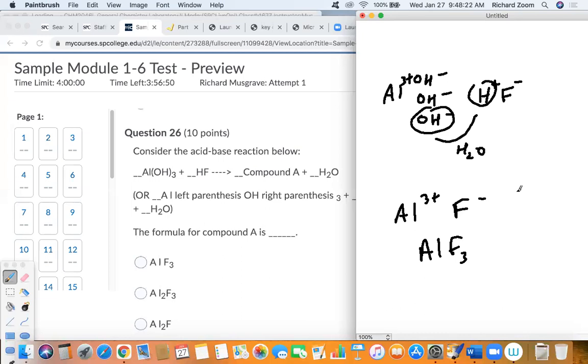Would I put in the element with the charge itself, or the element and how many of those it is to complete? Like, let's say it's Al 3 plus F minus, I would put Al 3 plus, and then the other one would be F3 minus as the second part of the answer.